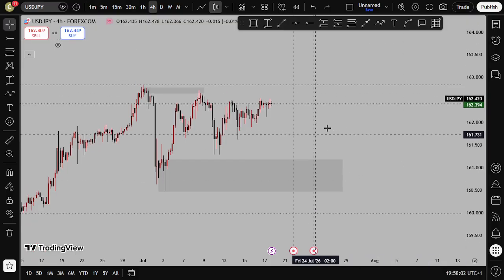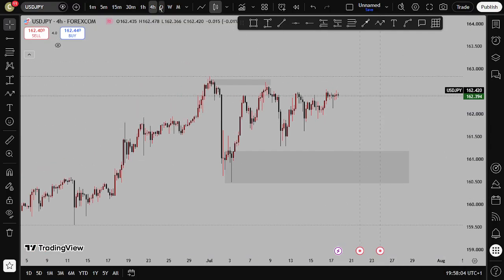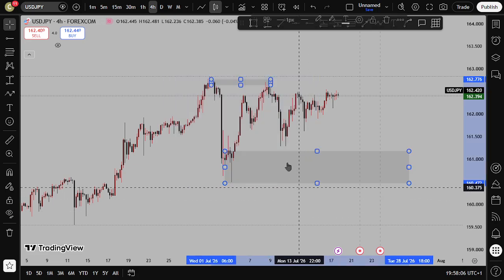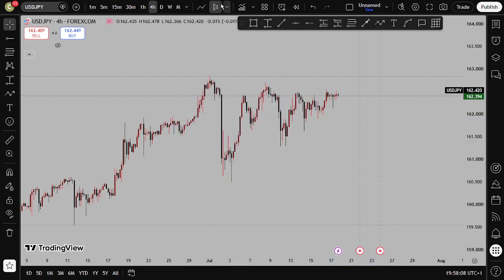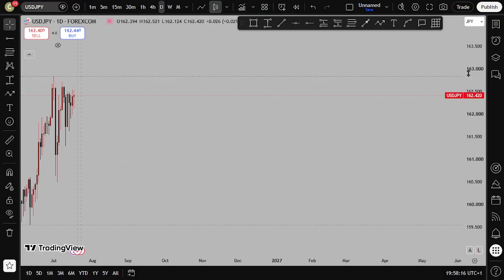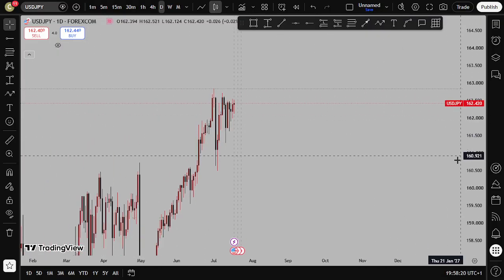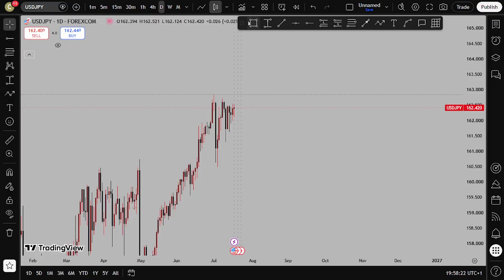USDJPY, nothing much on USDJPY. From the daily time frame, our bias is bearish after price tapped into this demand.